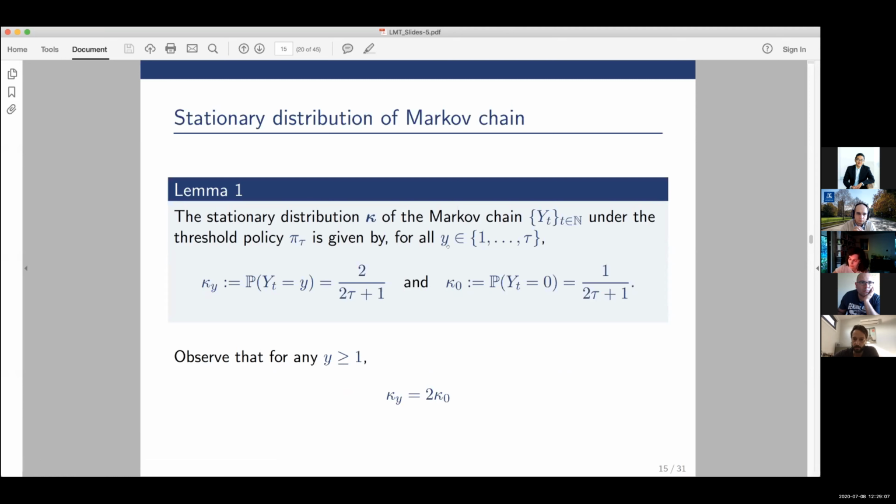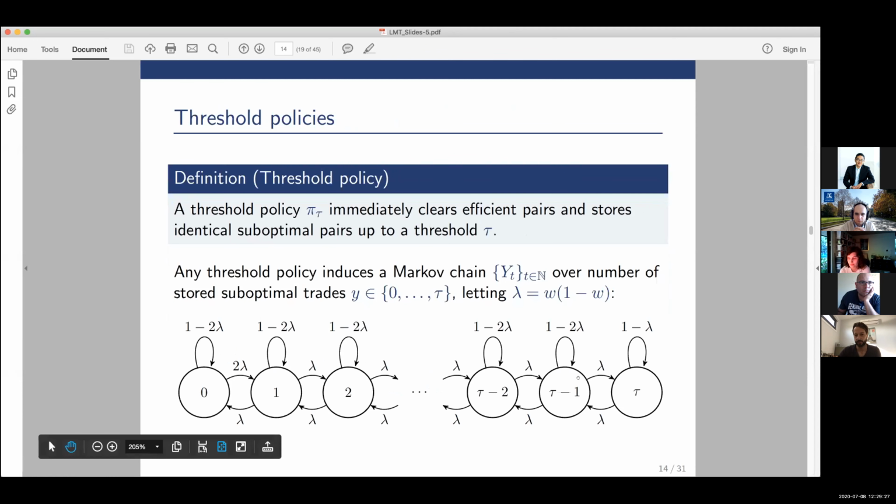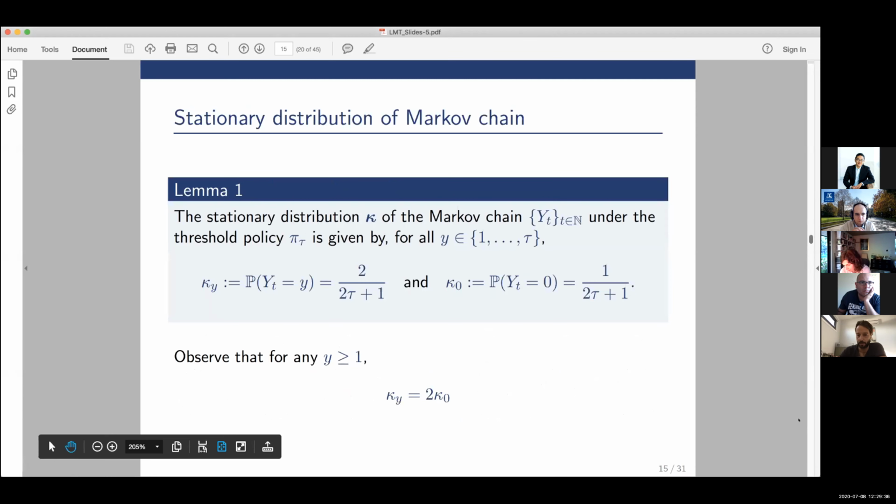For all y between 1 and tau, the probability of being in that state is 2 over 2 tau plus 1, and the probability of being in state 0 is a half of that. So there's a uniform probability over all these states here, and then the empty order book state has half of that probability. Okay, and that's sort of what I'm highlighting here.